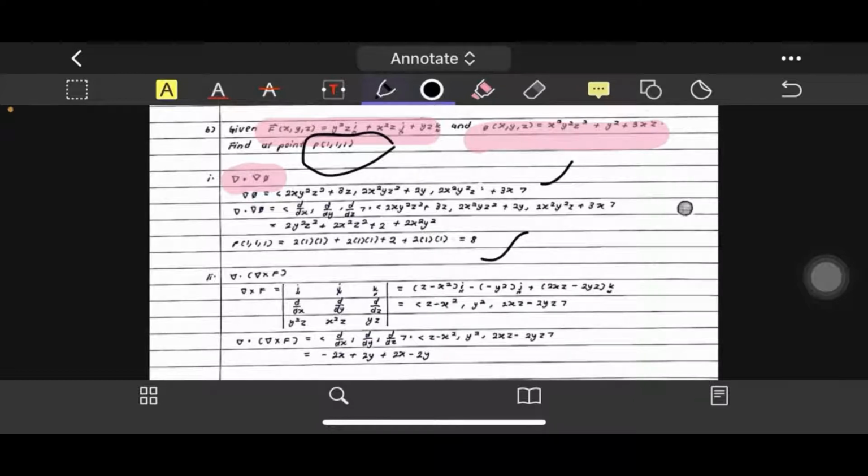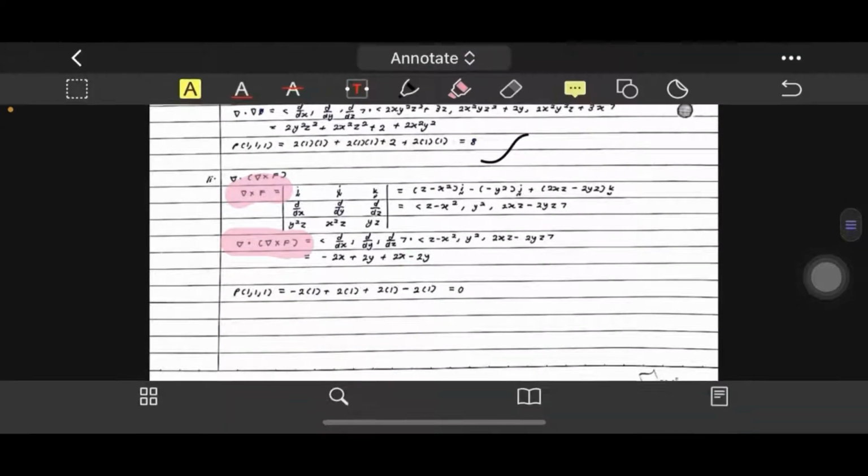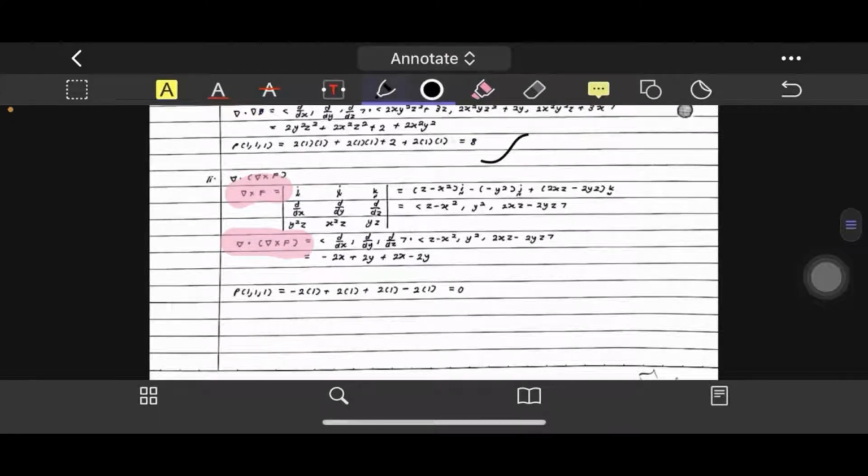For the second one, we need to find the grad dot grad cross F. First, find the grad cross F, and then find the grad dot grad cross F, and substitute the point P(1,1,1), and the answer is 0.